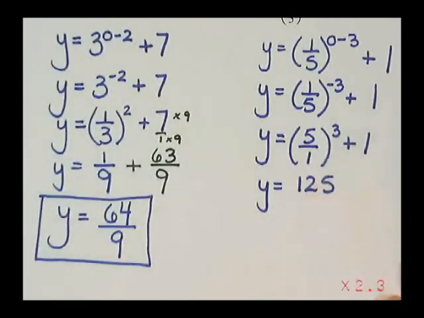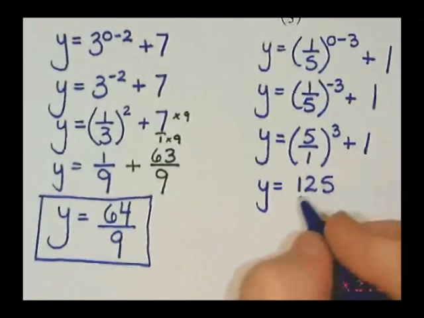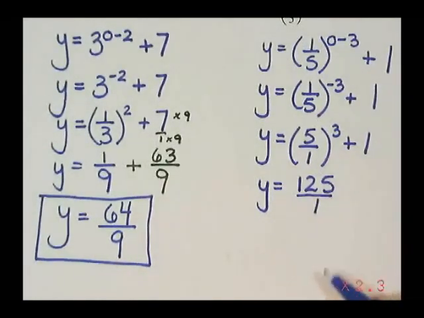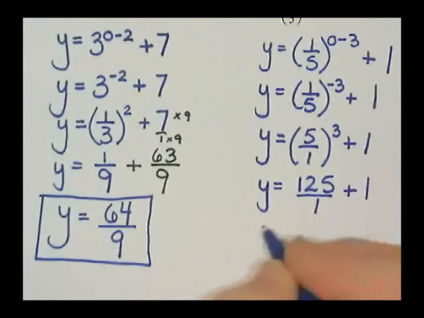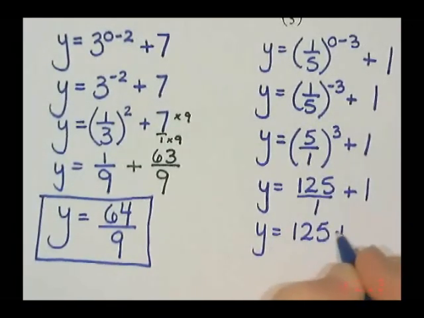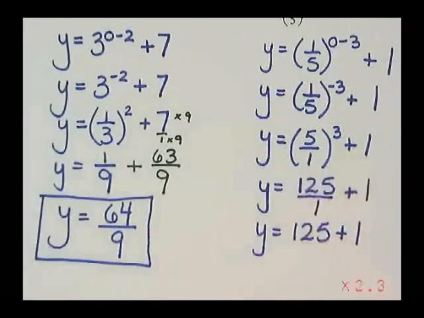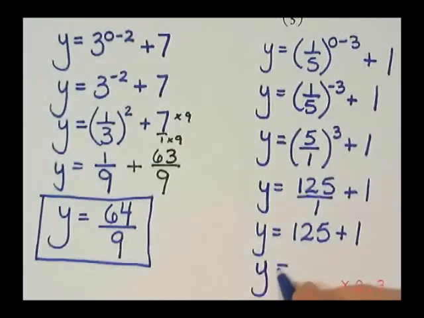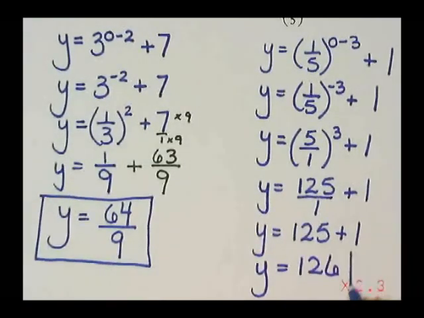And 1 to the power of 3 is just 1. So I can write this as 125 over 1. But 125 divided by 1 is really just 125. And then if I add on that 1 that we've been carrying all the way down, this gives me a y-intercept of 126.